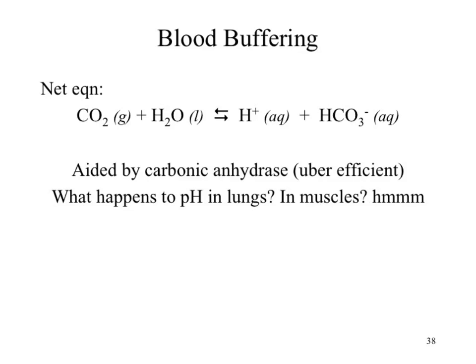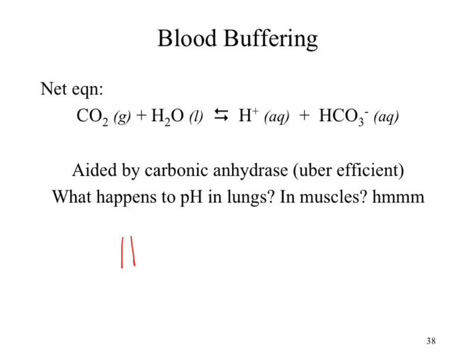Okay. So, blood buffering. This is one of the buffers used in blood. We take CO2, react it with water, and we form H plus and HCO3 minus. So the buffering molecules, whoops, that's not our buffering system.